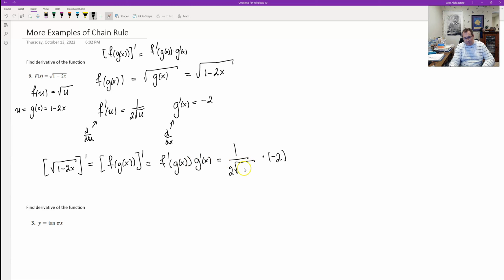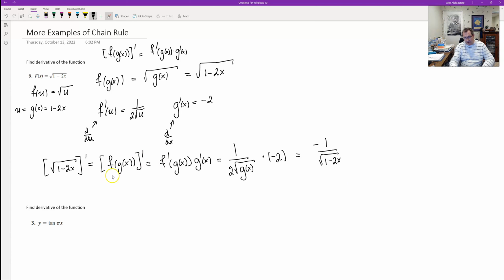But we don't put u here because we don't need f prime of u. We need f prime of g of x. So we will put g of x in here. So -2 cancels, and we have -1 over, instead of g of x, we need to put 1 minus 2x. So that would be the final answer.